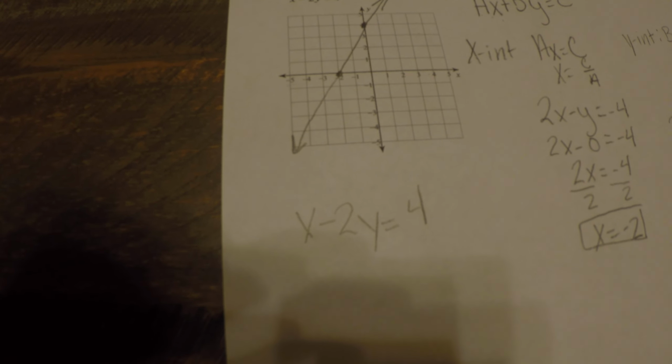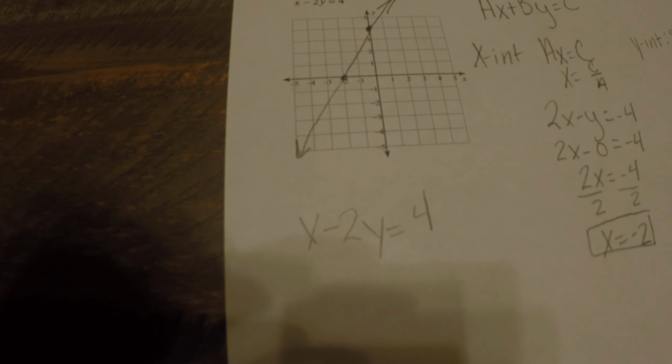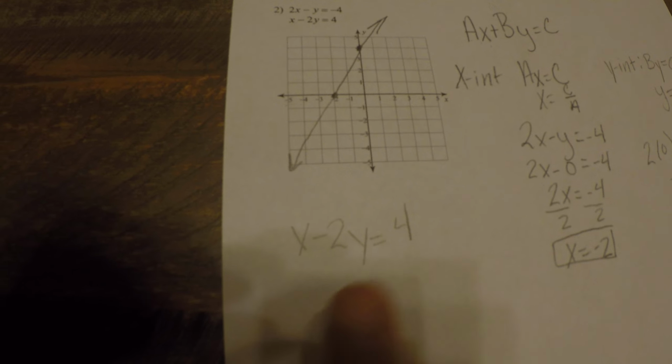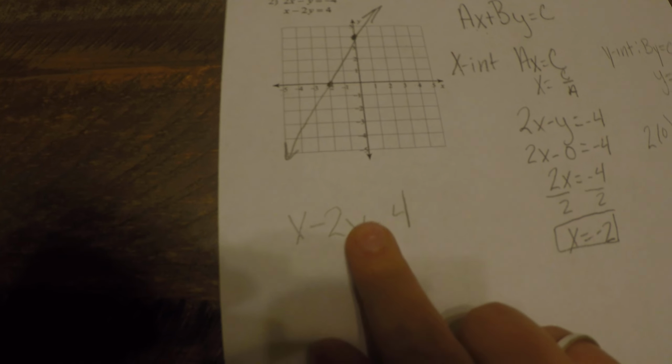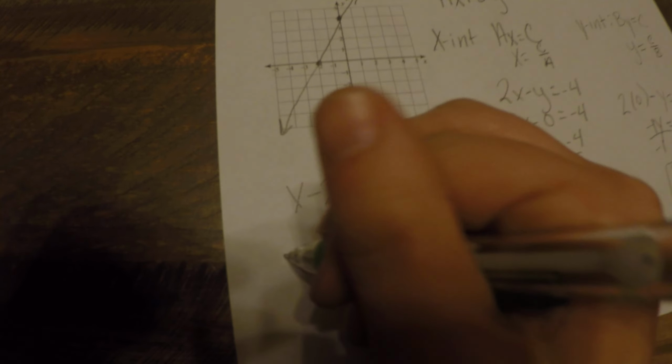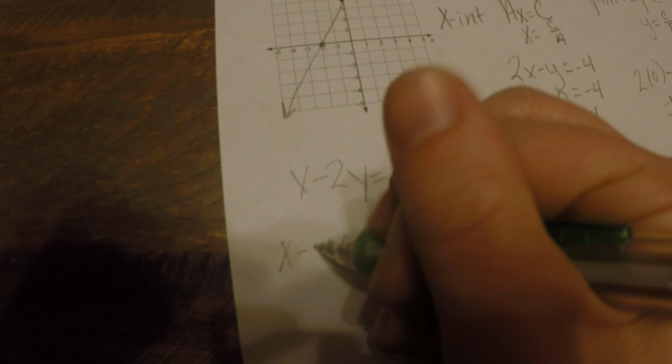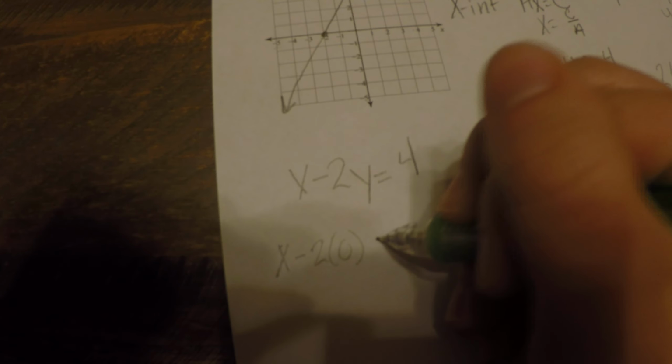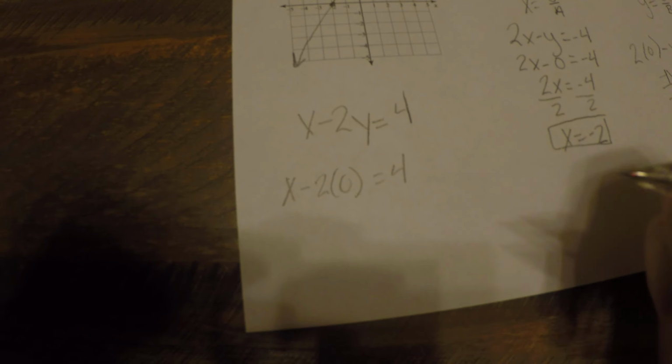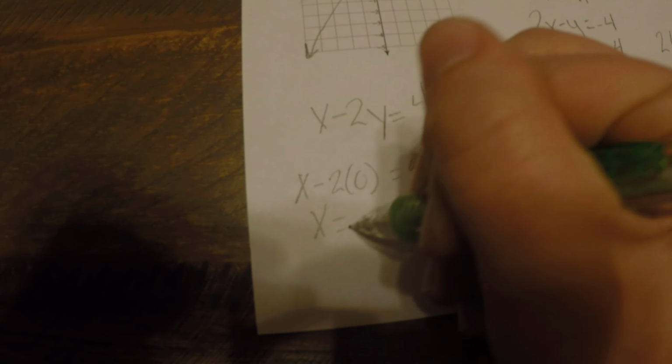So I'll give you a second to do that. Okay, so to find your x-intercept, remember to make y 0. So x minus 2 times 0 equals 4. 2 times 0 is just 0, so you're left with x equals 4.